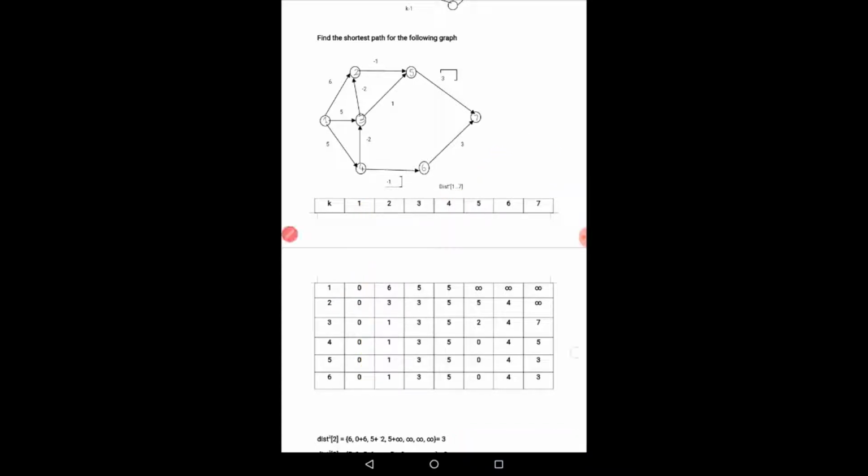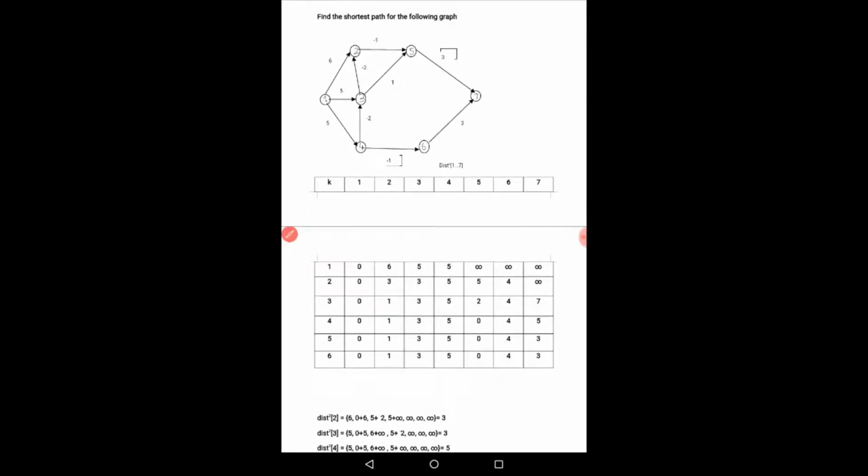So that is the first step. First we draw a table with as many columns as there are vertices, then give the rows k values, 1 to n minus 1, and put 0 in the first column because 1 is the source node.